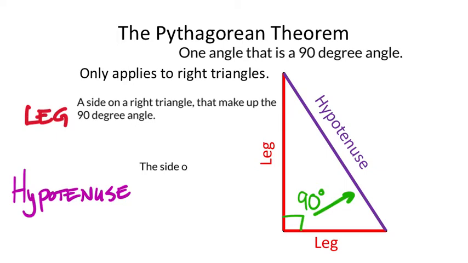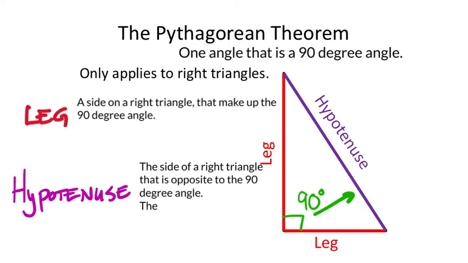The side of a right triangle that is opposite to the 90-degree angle. You could also say, indirectly, that it is the side of a right triangle that does not make the 90-degree angle.